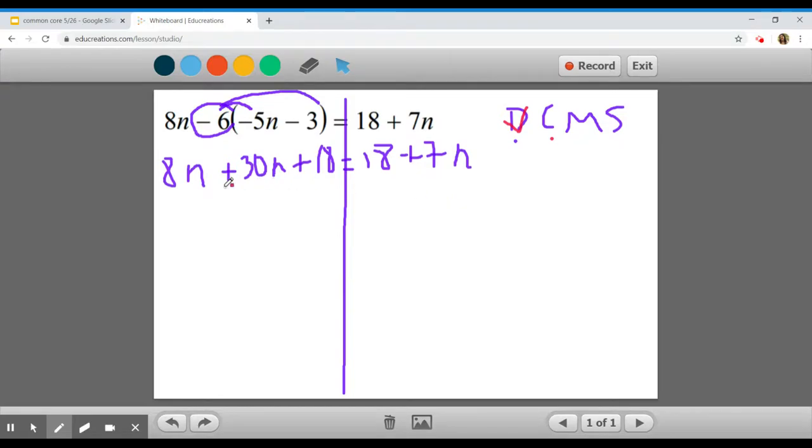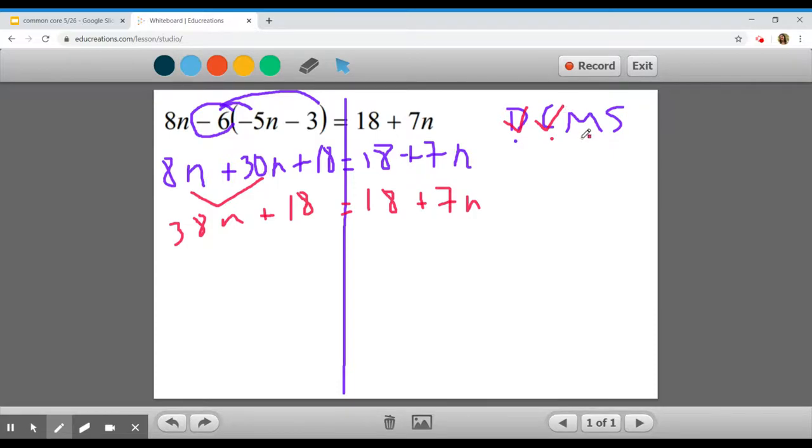If I look on the left, I can combine like terms here. 8n plus 30n, I get 38n plus 18 equals 18 plus 7n. I double check again. I can't combine these terms. I can't combine these, so I move on.